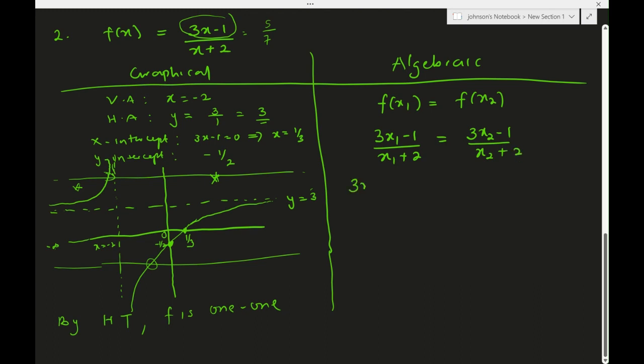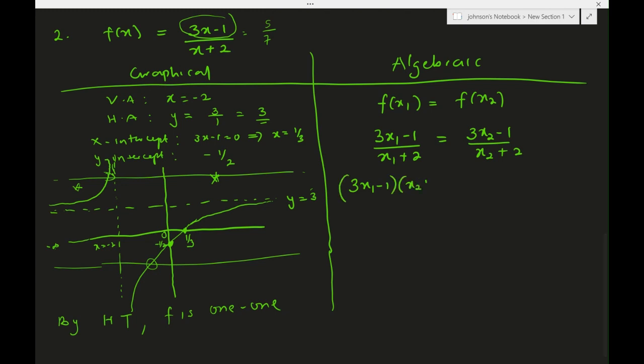So we can cross multiply so that you have 3x1 minus 1 multiplied by x2 plus 2 equals 3x2 minus 1 multiplied by x1 plus 2.